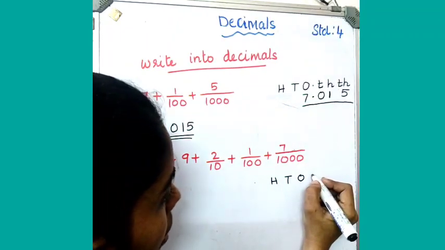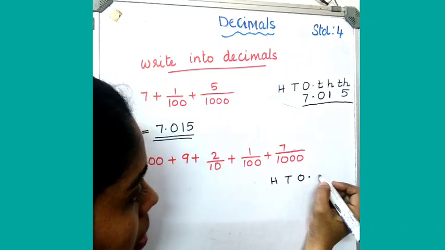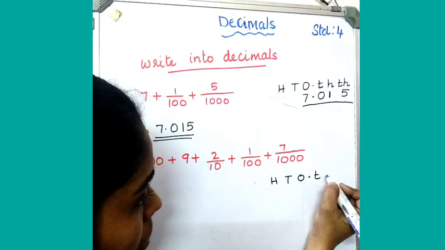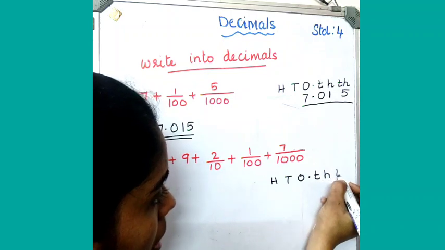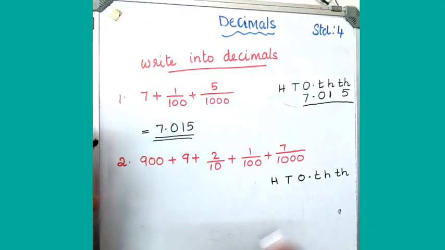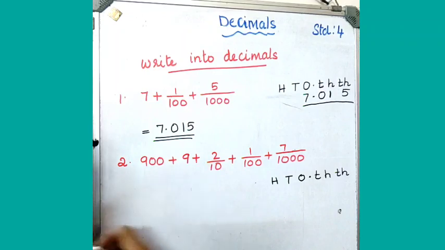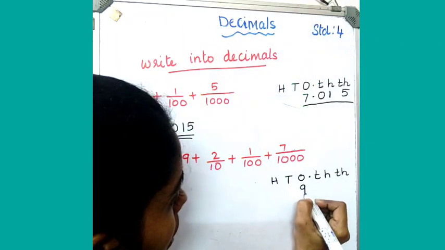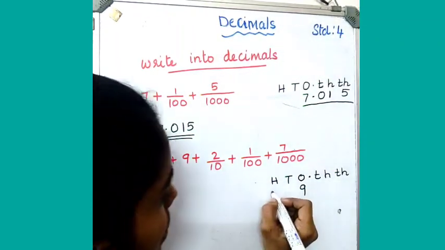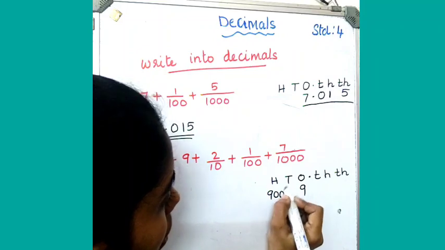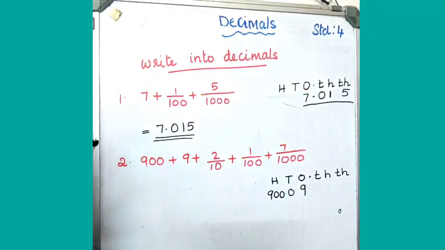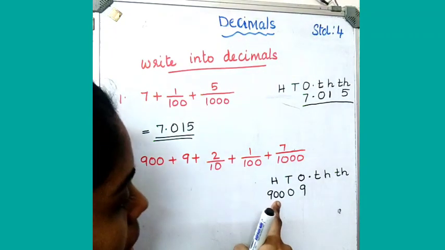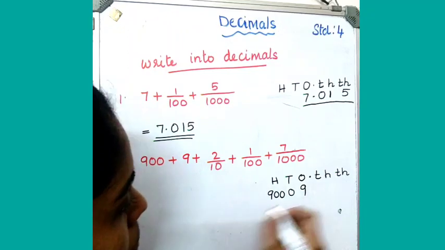Here we write the decimal point, then comes the 10th place, 100th place and the 1000th place. Here 9, so we put 9 here, then 900. The 10th place is missing, so we put 0 here. Don't read this as 9000. This is 900, 0, 9.